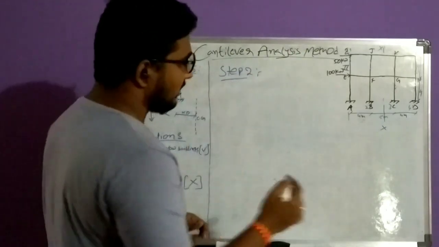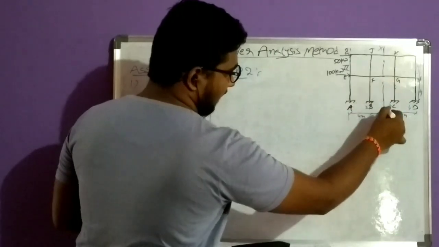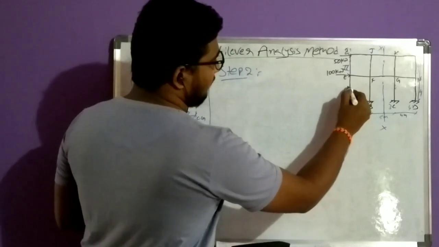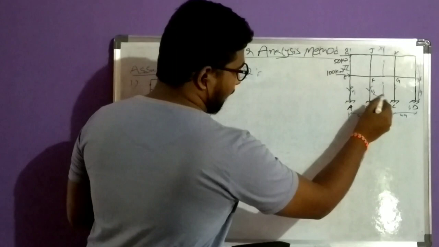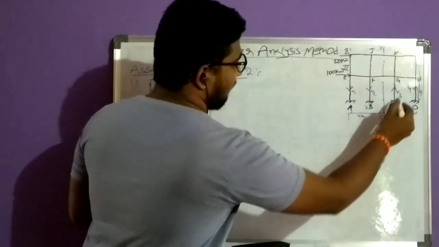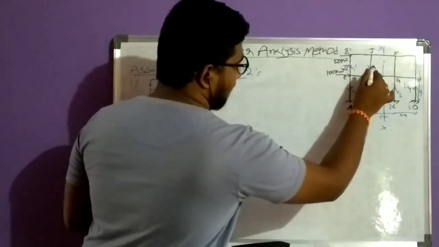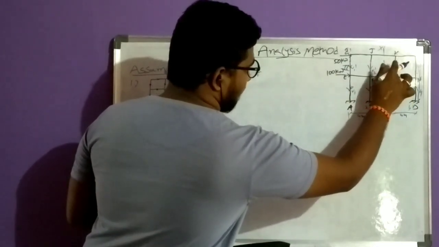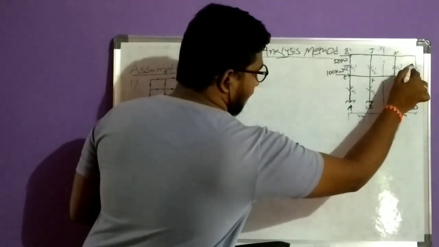Step 2, axial loads. Here I am considering that this is the centroidal axis, as we calculated the distances of the centroidal axis in step 1, and I am considering the horizontal forces V1, V2, V3, V4 in the bottom story, and coming to the top story, V1 dash, V2 dash, V3 dash, V4 dash.